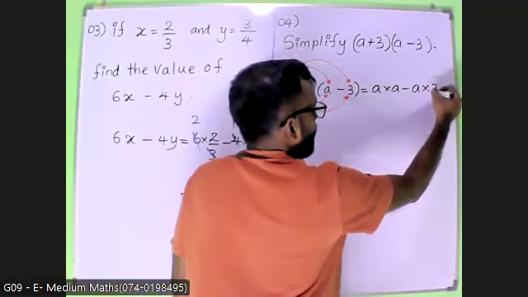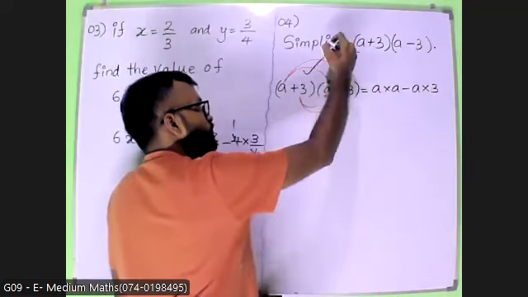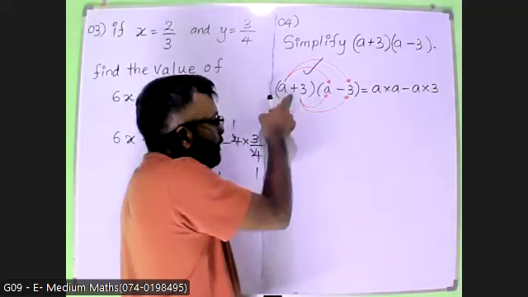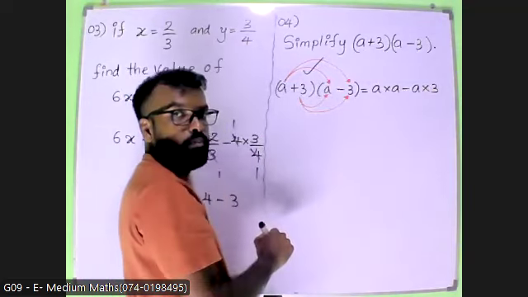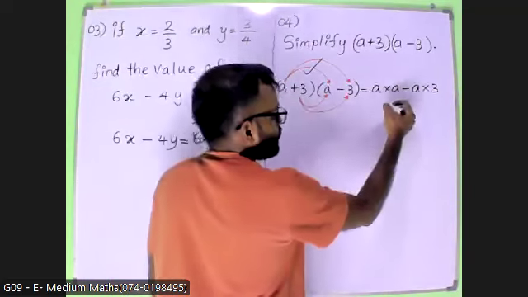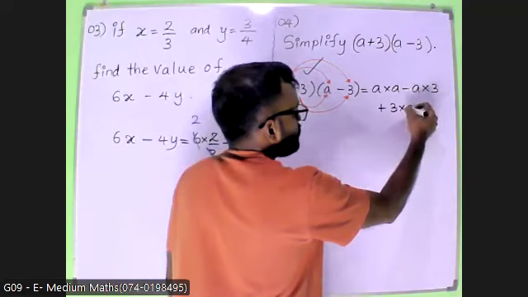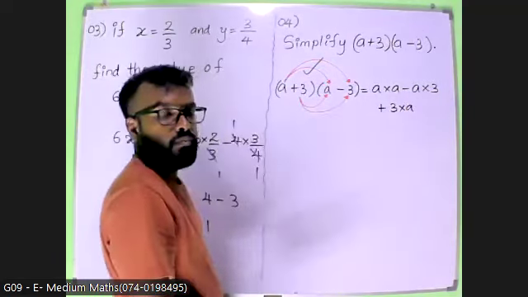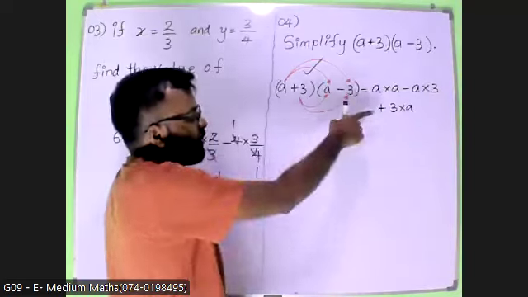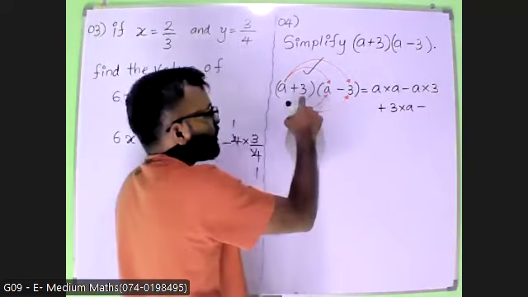Now this one is over. Now I will move to this. Positive times positive: positive 3 times A. Because I do not have enough space there, I will write it here. Now, positive times negative, negative. 3 times 3.